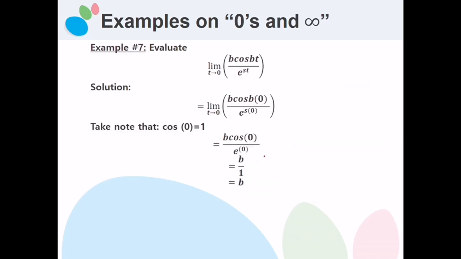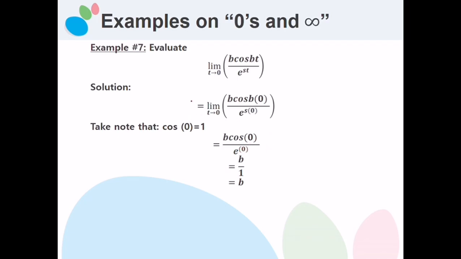Now, in example number 7, we are going to evaluate the same function, but the only difference is that t approaches 0. Using the same method, we substitute 0 for t. So b cosine b of 0 divided by e raised to s times 0. We know that b times 0 is 0, so we have b cosine of 0 divided by e raised to 0.